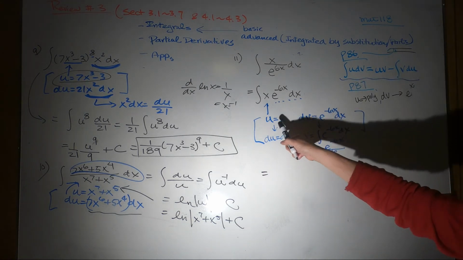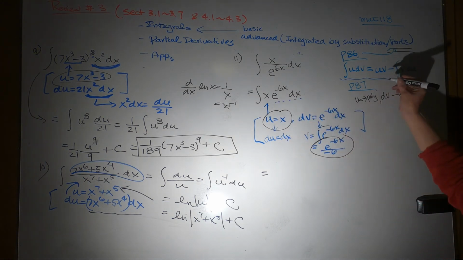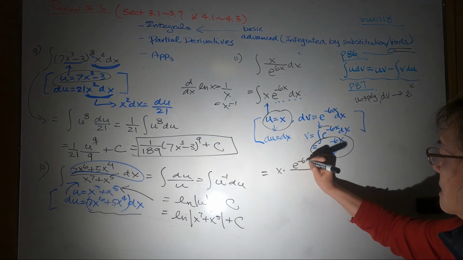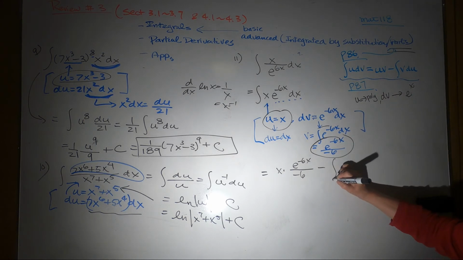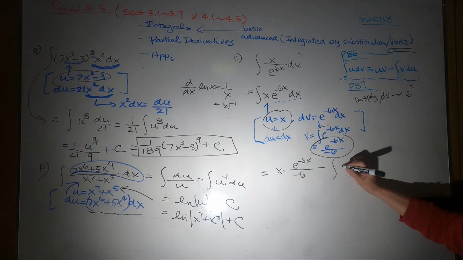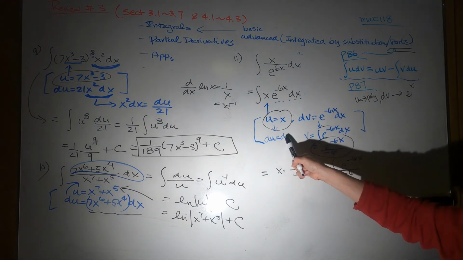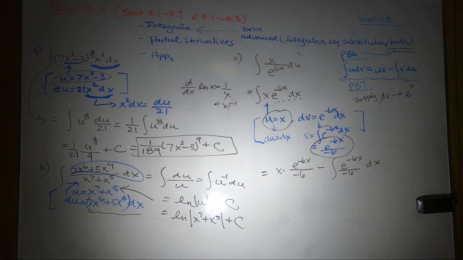Then we multiply u and v: x times e to the negative 6x divided by negative 6, minus the integral of v du. v is this guy, and du is dx.